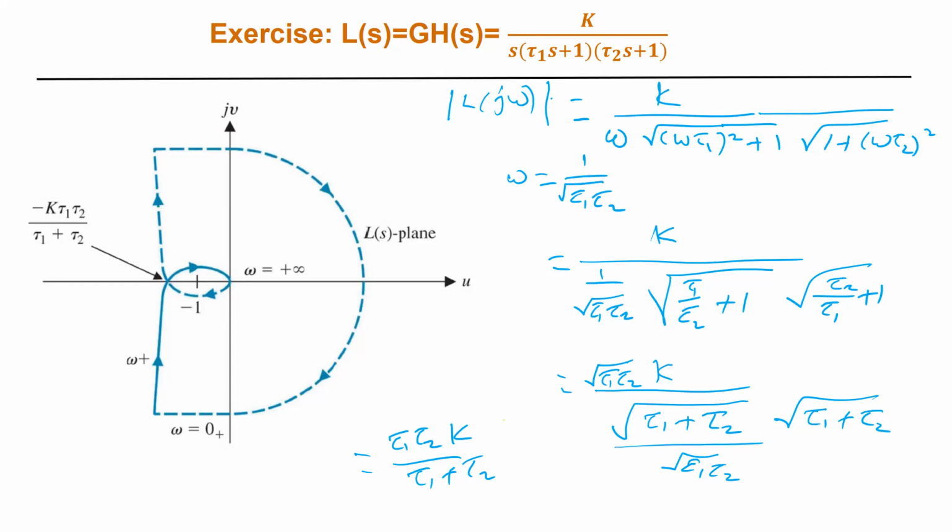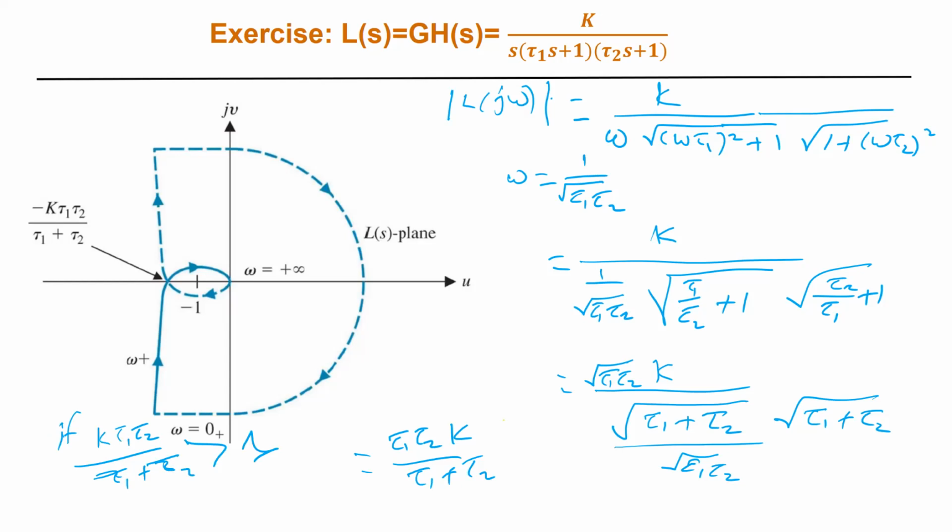Now, any question here? Doctor, it depends on K and the taus. Exactly. So is the system stable or unstable? Definitely unstable if K tau 1 tau 2 over tau 1 plus tau 2 is greater than 1.